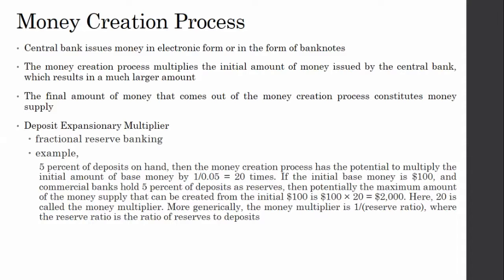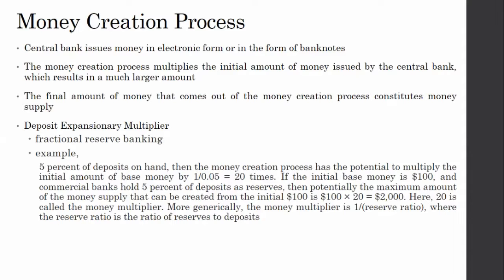Normally, if they want to inject money into the system, they will purchase government securities from that commercial bank. When they buy the government bonds, they pay the money to the bank, and that money is electronically credited to the commercial bank's account. That's how the central bank issues money electronically.